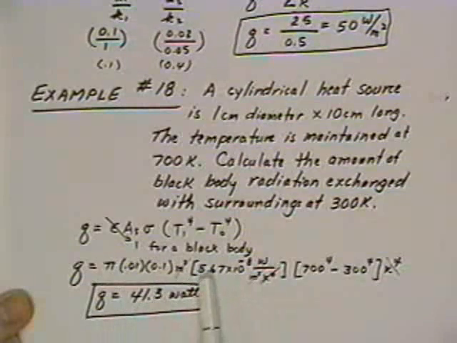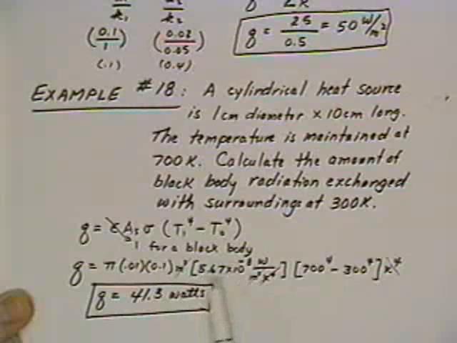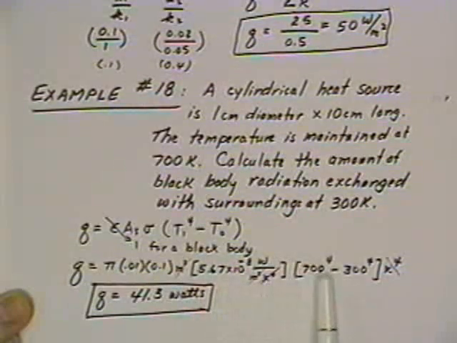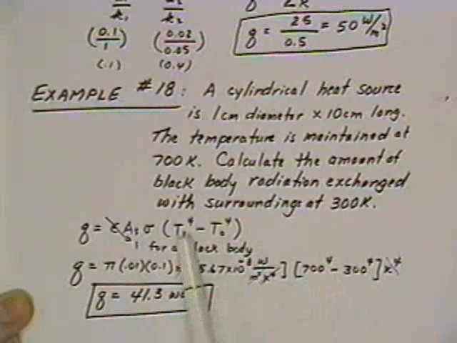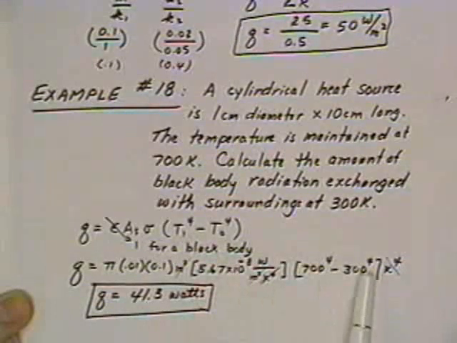The Stefan-Boltzmann constant is one of those that's listed in your table of constants. It's also listed in the heat transfer section, but it's 5.67 times 10 to the minus 8 watts per meter squared Kelvin to the fourth power, times the difference in temperatures to the fourth power. So that's 700 to the fourth minus 300 to the fourth.